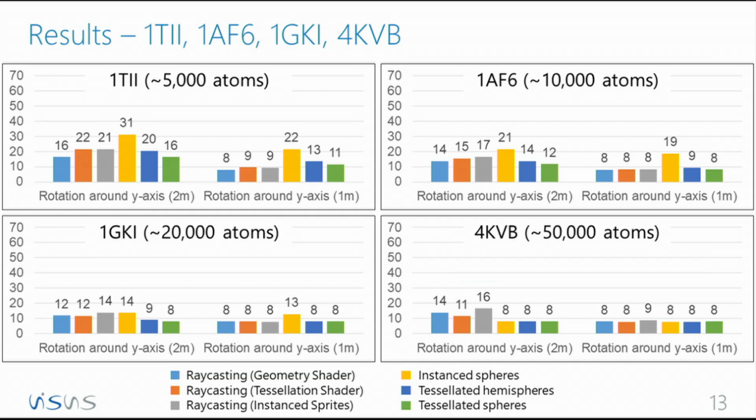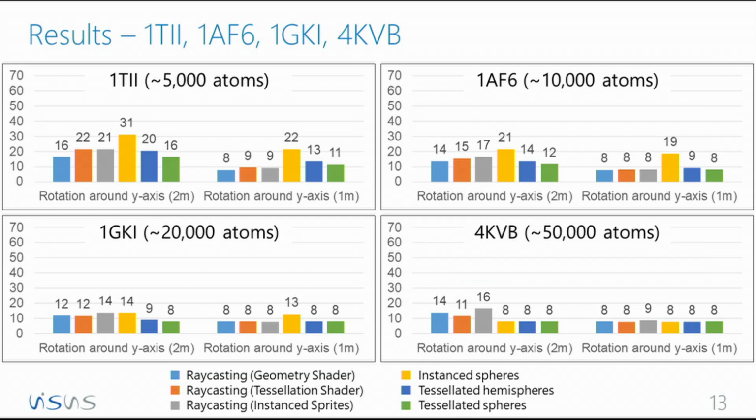For the very large data set, the 50,000 atoms, the raycasting solution actually becomes faster. We assume that this is because here we have so many triangles to render that the triangle rendering gets too expensive. So if we have very large data, raycasting would be faster. But then again, rendering speed is too low to be usable anyway.